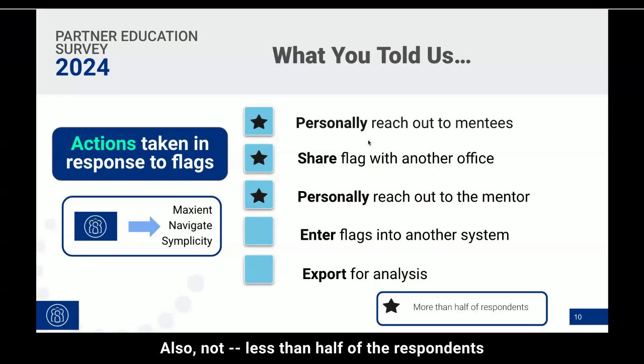Also, not less than half of the respondents to this survey, but still quite a few, these are the top 5, are entering flags into another system. You can see I've named some of the systems there. In student conduct systems, student early alert systems, or general student success systems, this peer-sourced information might be the only source of information that comes from students and their peers.